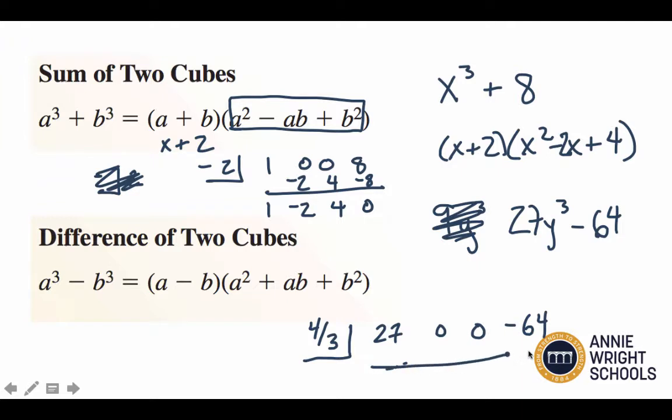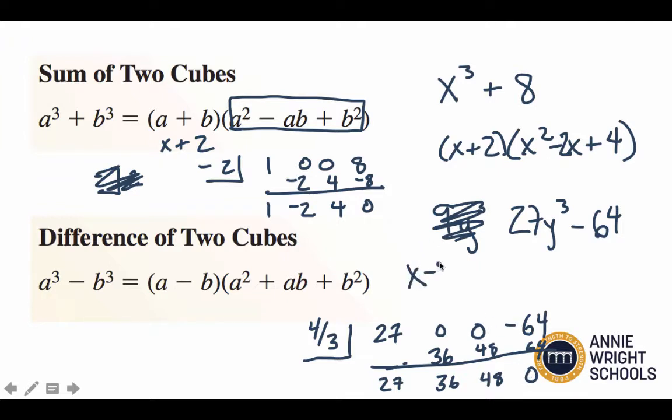You're going to get that common factor of 3, so drop the 27, multiply by 4/3, get 36. Drop the 36, multiply by 4/3. You're going to get 48. Add those up, 48. Multiply by 4/3, and you're going to get 64, and that's a 0.